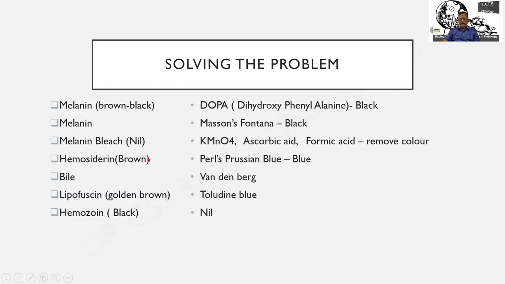Hemosiderin is another brownish pigment or yellowish brown pigment and that can be stained by means of Perls' Prussian blue. The hemosiderin produces a blue color. Bile, as I told you, we can use the Van den Bergh stain. Lipofuscin can be stained by toluidine blue. So these are all the special stains. For hemozoin, there is no special stain that is used.